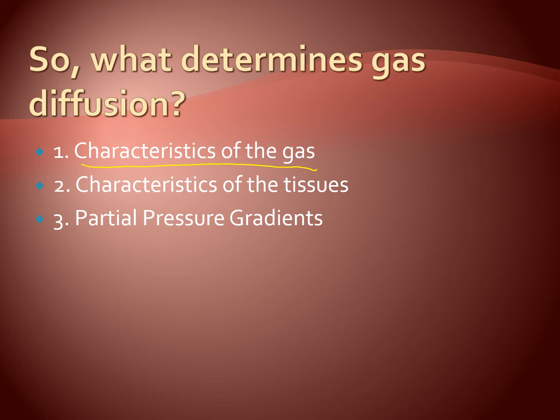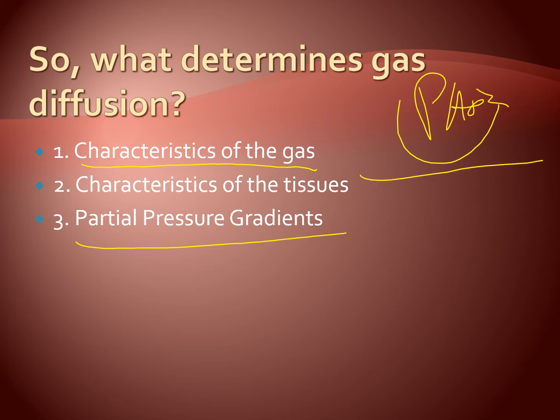So the determinants of diffusion include how much pressure we have in our bloodstream, as well as our alveoli. That's the A to a gradient. That's what we're looking at here.